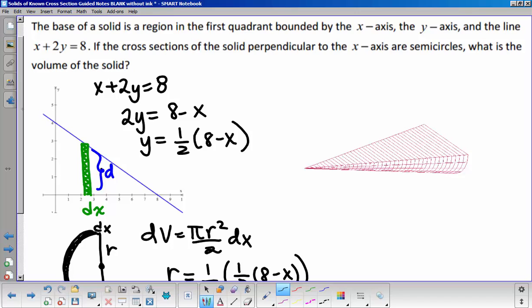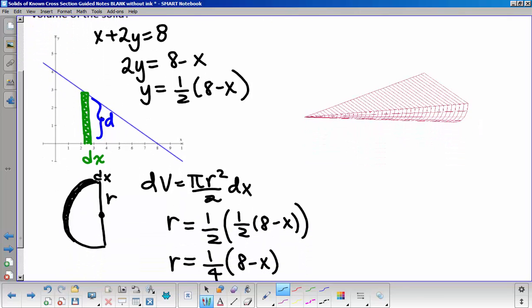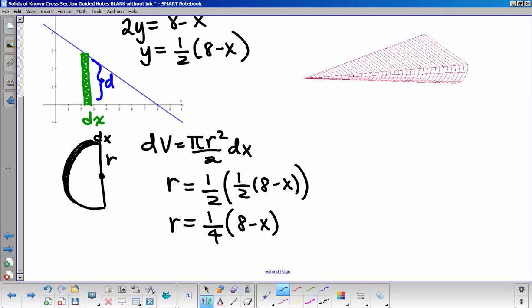But then when you said r equals 1/2... Oh, this pi r squared over 2? Because pi r squared is the whole circle, and we only want half of the face. Where'd pi go? I haven't used it yet. I'm just solving for r. Okay, so now I'm going to put it all together.